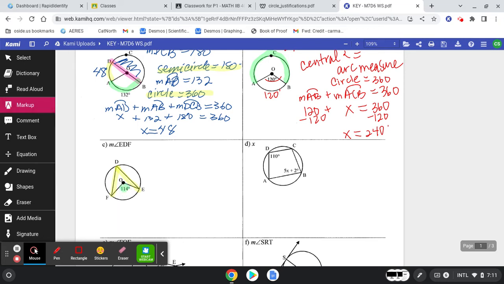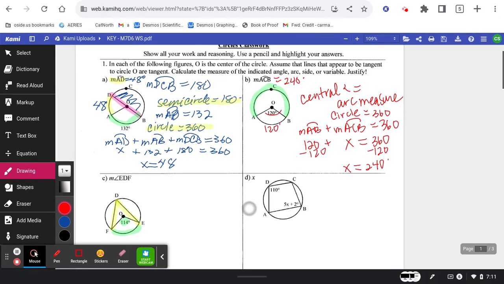If I know the central angle, then I know the arc measure, because central angle equals arc measure. And so I can say that minor arc EF, that's the green one, is equal to 114.